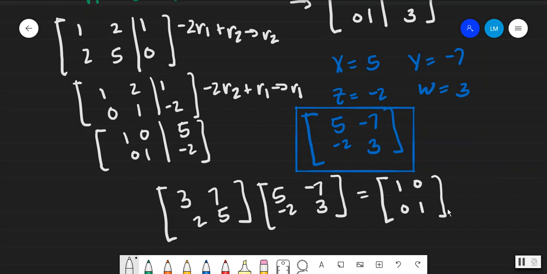Interestingly enough, you might be able to show that if you interchange these two, it still gives you the same thing, but that's for you to try to figure out.